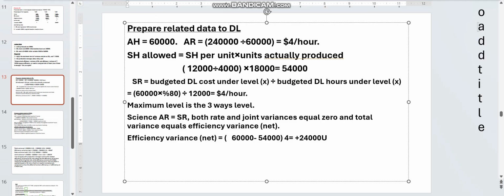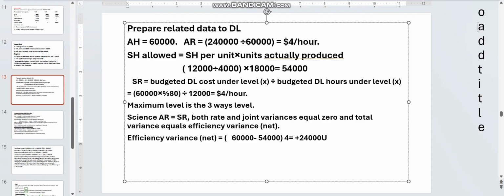So, if you apply 3 ways analysis, since actual rate equals standard rate, it means that rate variance and joint variance both are 0. And the total variance equals efficiency variance net.